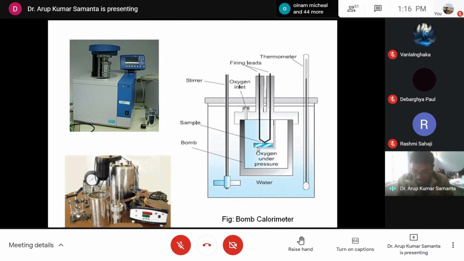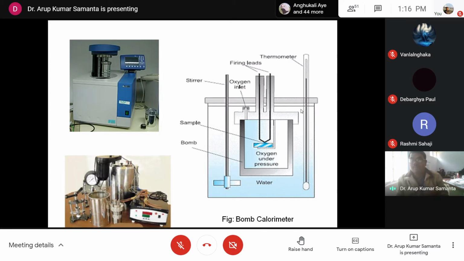In that case, whatever energy or heat is produced is going to be disseminated from the bomb to the surrounding water. This is the water content, and inside that water container there is a thermometer. There is an increase in temperature, which will be shown in the thermometer.